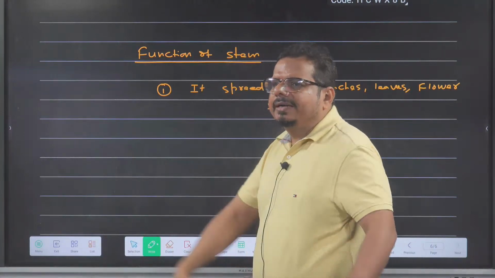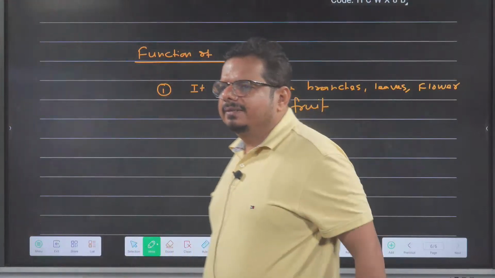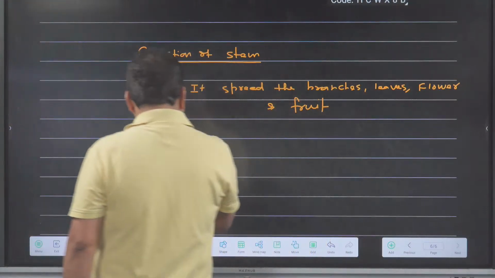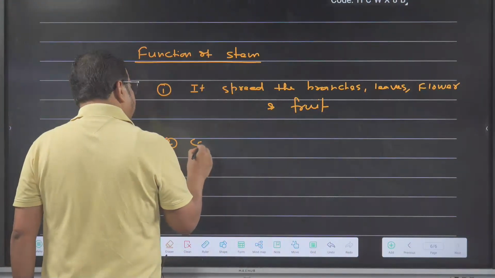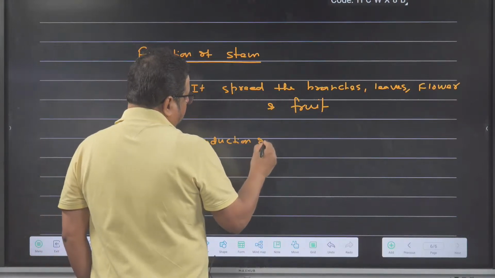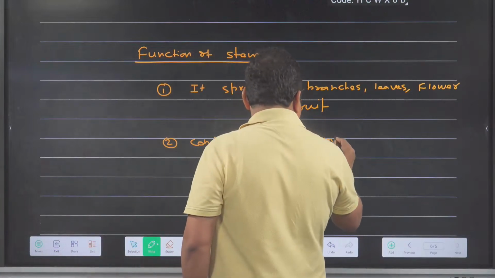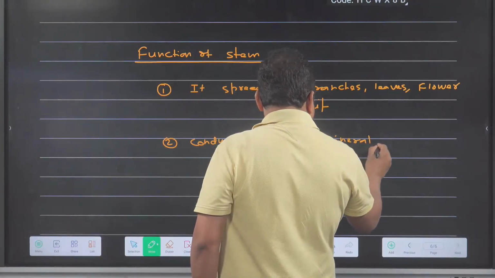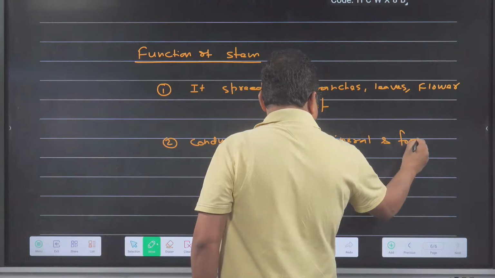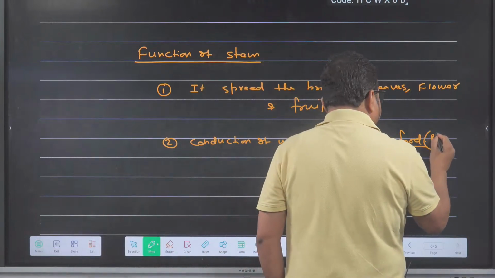The longer the stem, the farther the spreading of these things occurs. Second thing is conduction of water, mineral and food. In place of food, NCERT wrote which word? Photosynthates.